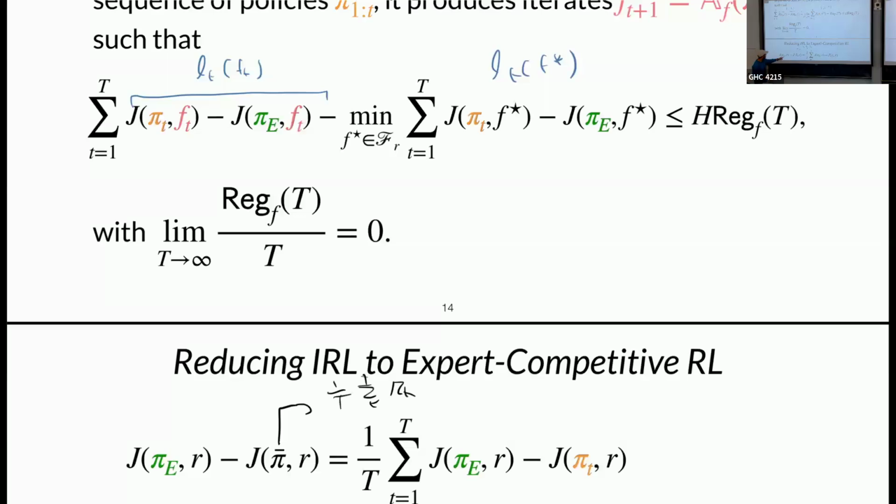And remember that J here is just an expectation over whatever the first argument was of the second argument, right? So this is really just the linearity of expectation for me to do this. Let me say that this is just by the linearity of expectation.